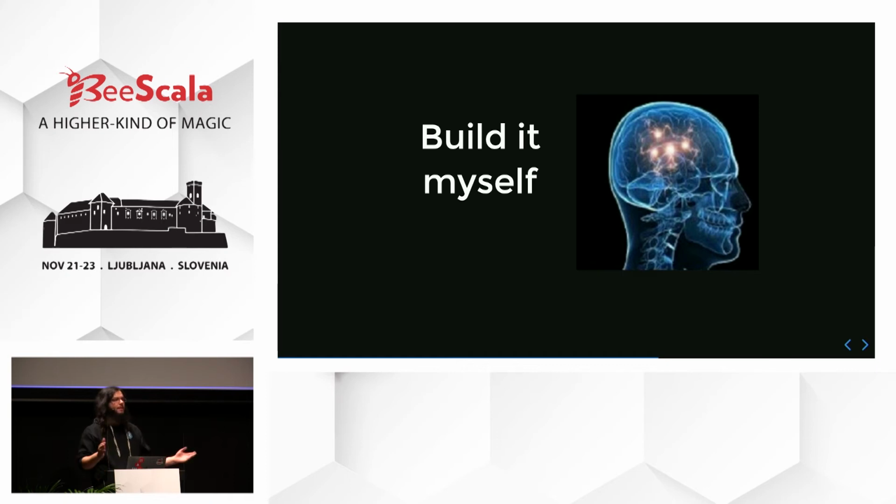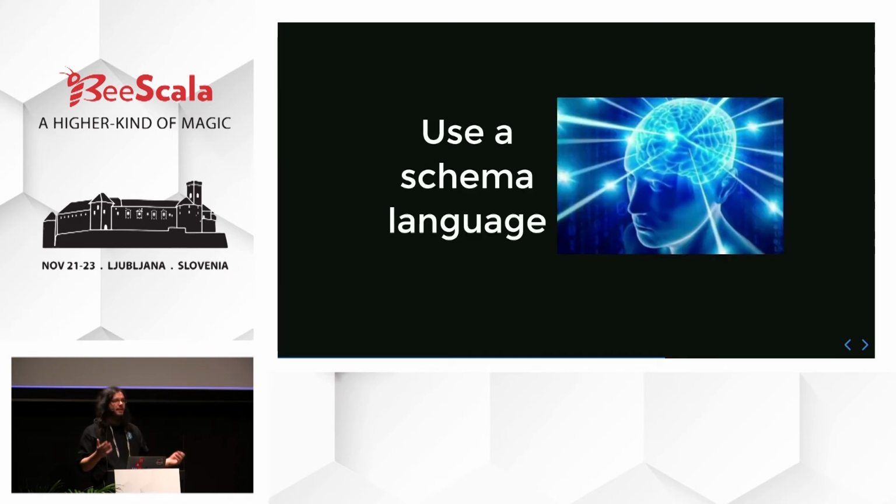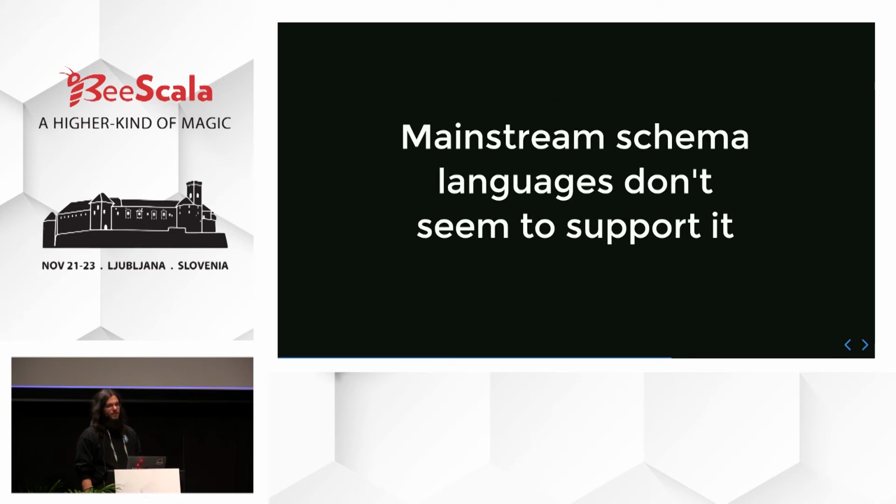Or I could use a schema language, a bunch of those exist. Now at the end, when I got to this conclusion, I was really happy, right? I could, for the payload, combine it with the schema language, galaxy brain moment, and then I would find a way to glue things together with the rest of the endpoint definition, and that would do the thing for me, and I would have the things that I want. Well, mainstream schema languages don't really seem to support these kinds of mechanisms, and I've checked quite a few, so no galaxy brain moment for me.